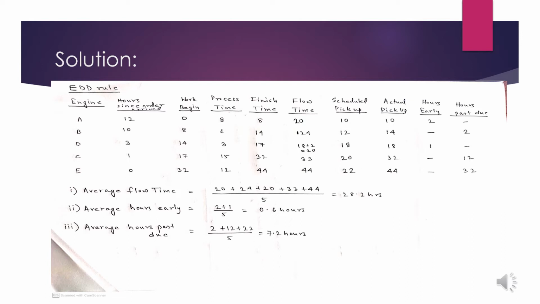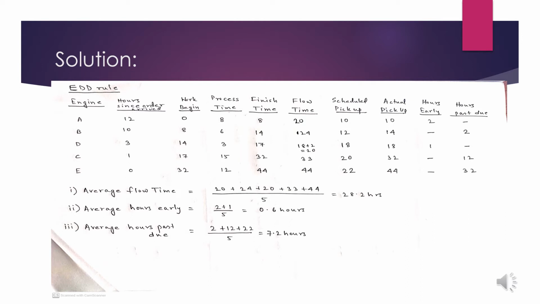Now coming to B, the work beginning time is 8 after A has finished, the processing time is 6, so the finish time will be 14, and the flow time will be the hours since order arrived, that is 10, plus the finish time, which comes to 24. Coming to D, B's work has finished at 14, so D will start at 14. The processing time of D is 3, so the finish time of D is 17.